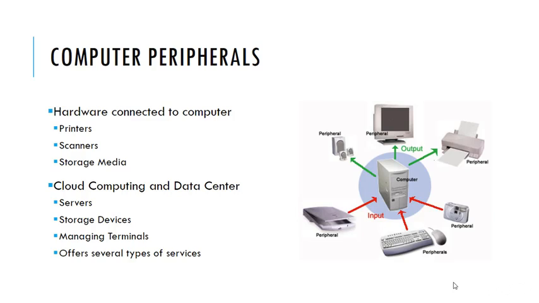If we have a look inside a cloud computing center or data center, we can see some servers, some storage devices, and some terminals that are used for managing and configuring the devices inside this center.